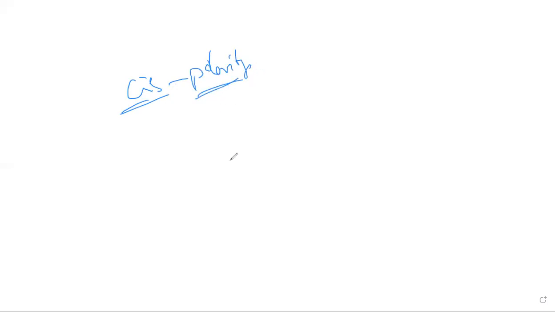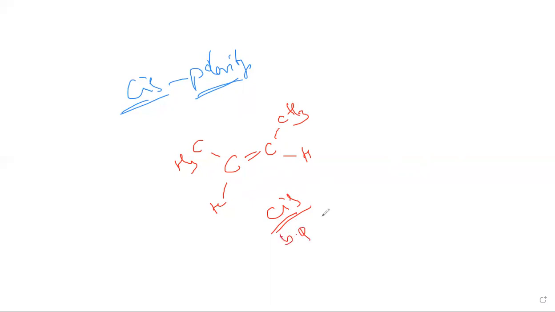For example, cis butane: carbon-carbon with CH3 and CH3 on the same side, and hydrogen as well as this hydrogen. In the same side, they'll be dragging in the same side. This boiling point will be 277 Kelvin.